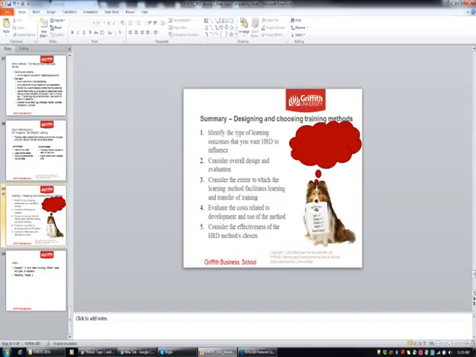Need to think about how you're going to make sure that the learning transfers out to another situation, whether it's a personal learning plan or some sort of follow-up activity, all of the above. Evaluating the costs related to the development and use of the method is really important in a cost-benefit analysis sense, and the effectiveness. So, how effective did it seem to you?